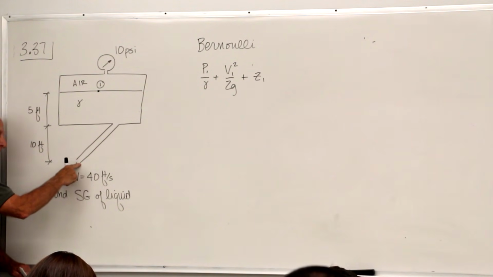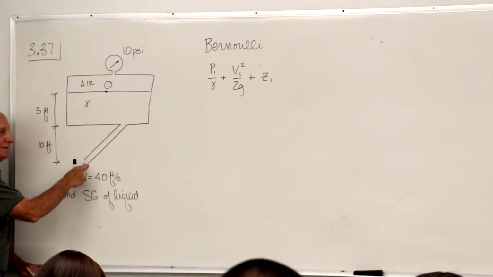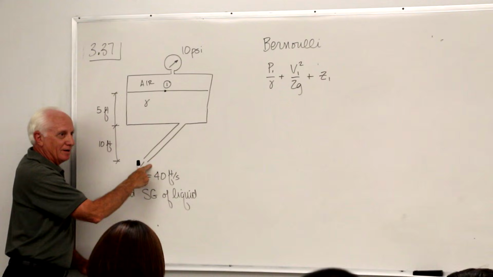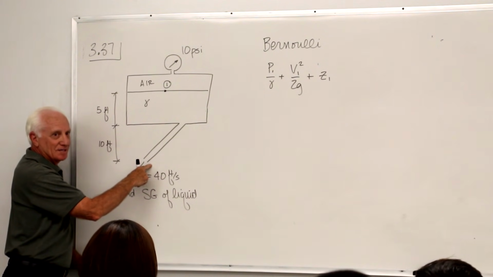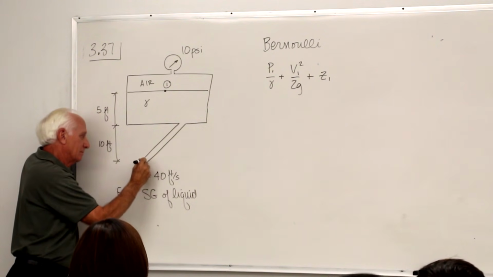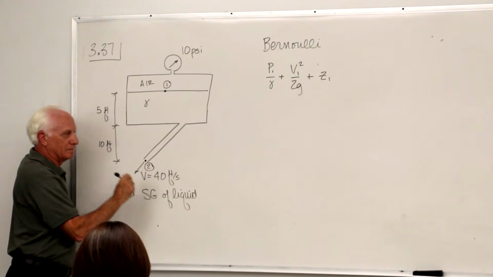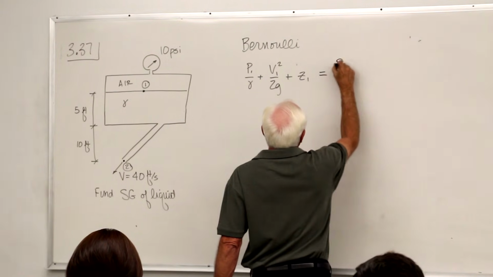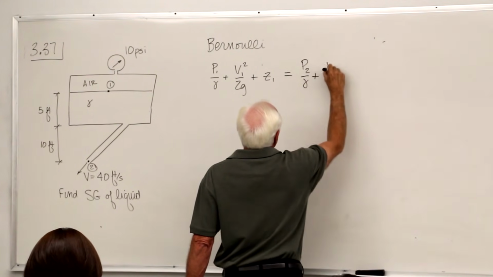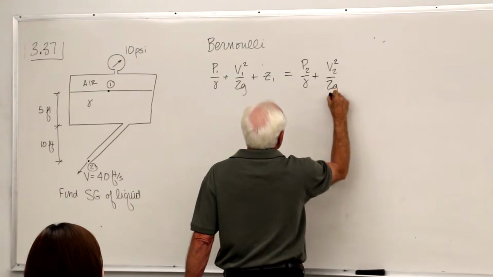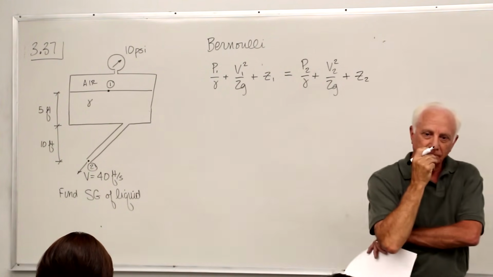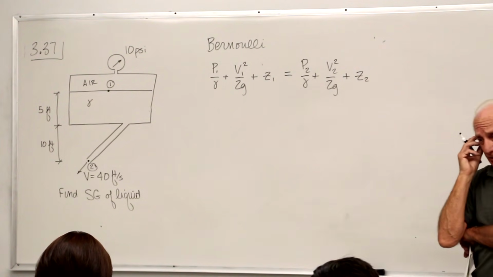Oh, I know this point down here is 15 feet below the free surface. Oh, I know the velocity here, 40 feet per second. Oh, I know the pressure here, it's 0. Voila. That's point 2. I know 3 things there. Now, there's the Bernoulli equation applied between points 1 and 2.